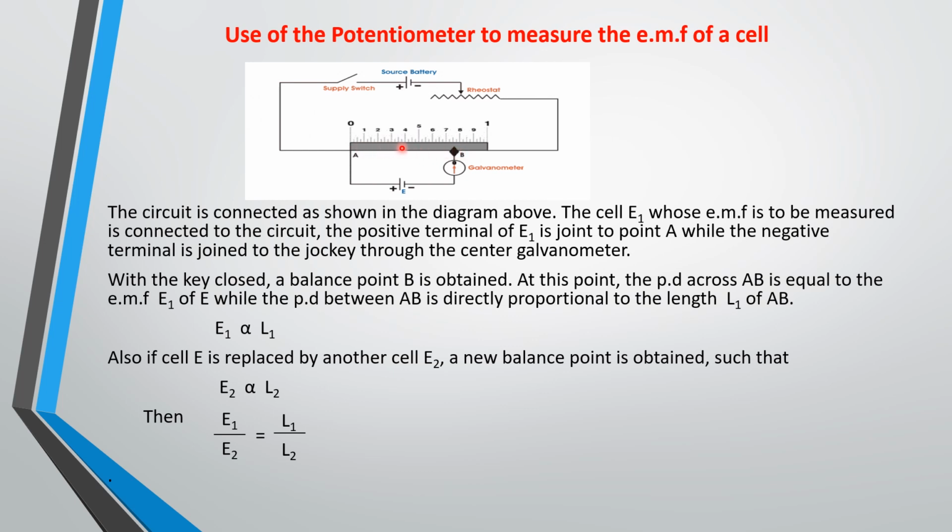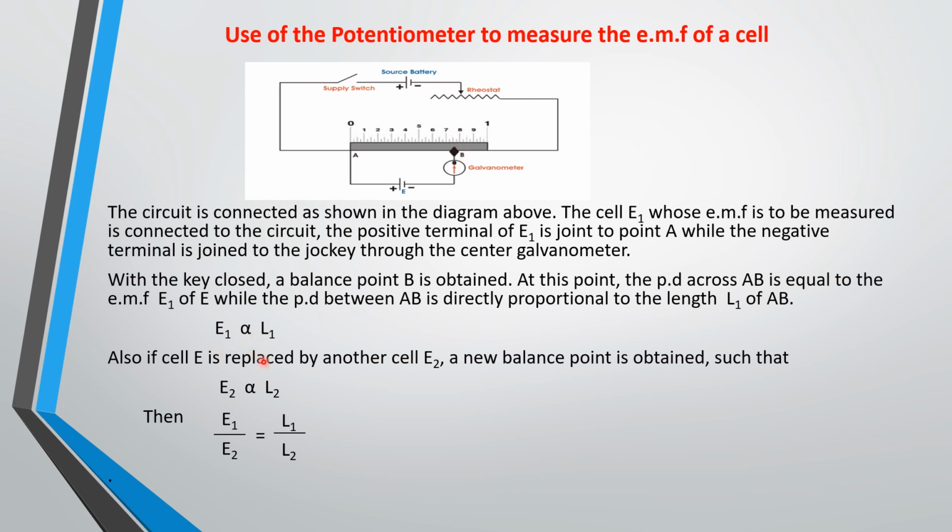You take your readings from that point, that is the length on the meter rule. So with the key closed, a balance point B is obtained. At this point, the PD across AB is equal to the EMF E1 of the cell, while the PD between A and B is directly proportional to the length L1 of AB.